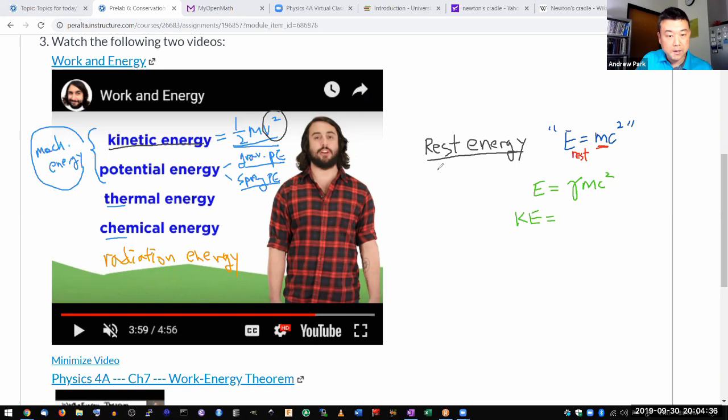Instead of it being 1/2 mv squared, which is only classically correct, not correct in special relativity, kinetic energy is the total energy minus the rest energy. When you get to physics 4C, you will see the derivation that motivates all these new expressions.